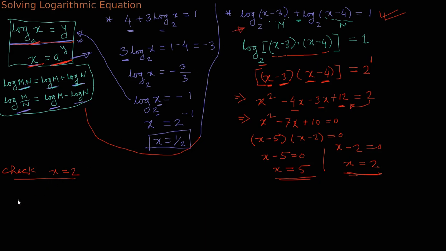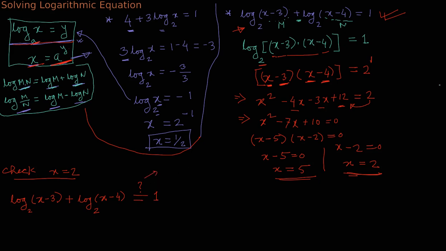So what's the logarithmic equation? Logarithm of x minus 3 base 2 plus logarithm of x minus 4 base 2, and I'm going to see if this expression yields 1 or not. That is the reason I put a question mark.